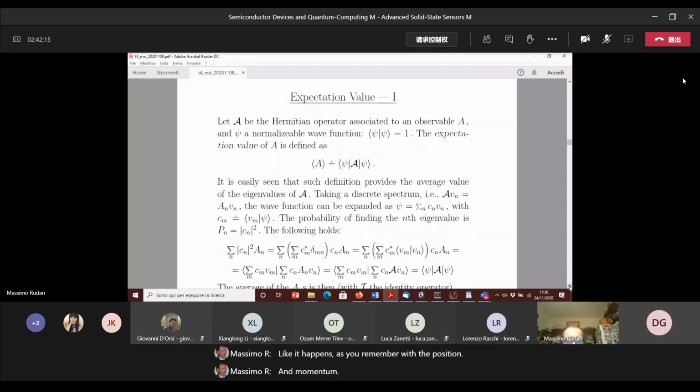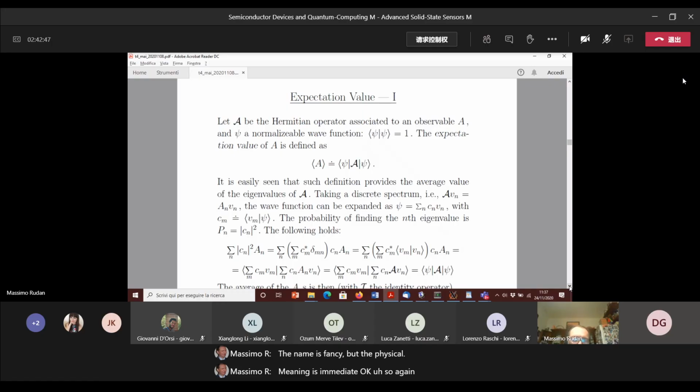We now introduce another very important concept of quantum mechanics, and this concept is the so-called expectation value. The name is fancy, but the physical meaning is immediate.